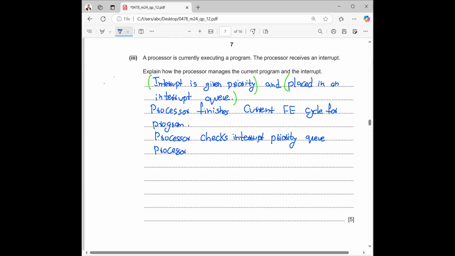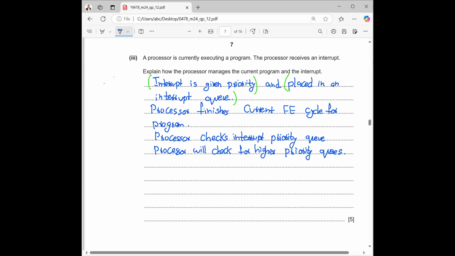Now you can write that the processor will check for higher priority queues.